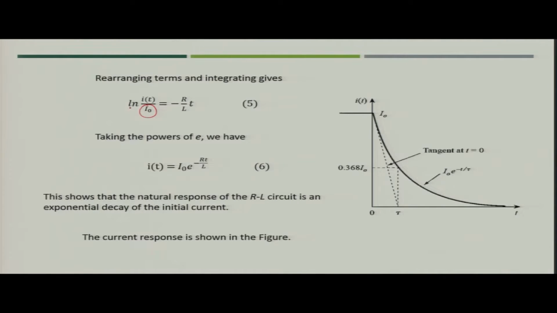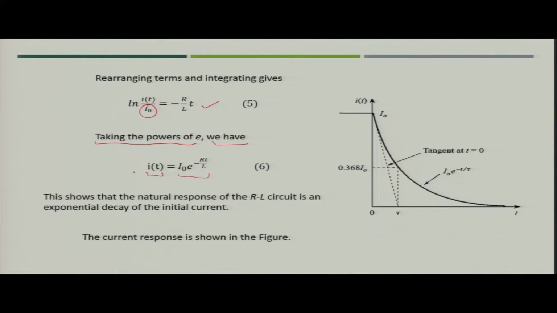This becomes ln of i divided by I naught equal to minus R by L t. Now we take the power of e on both sides, and we get the current, which is a function of t, i(t) equals I naught into e to the power minus R t by L.